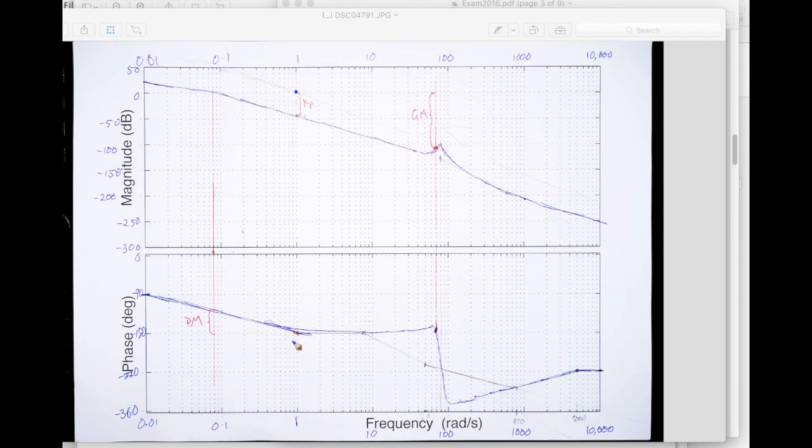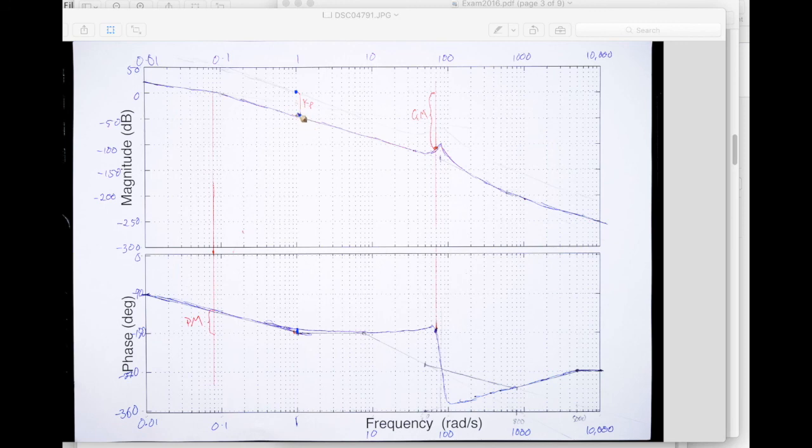Remember, the relationship between the Bode plot and overshoot is indicated by the phase margin. If you change the gain in the system, you don't change the phase at all, but you do change the phase margin. The reason is that the phase margin is the phase difference at the frequency where the gain is 0 dB.